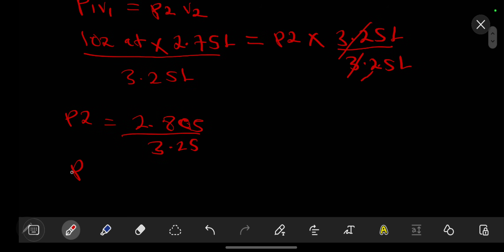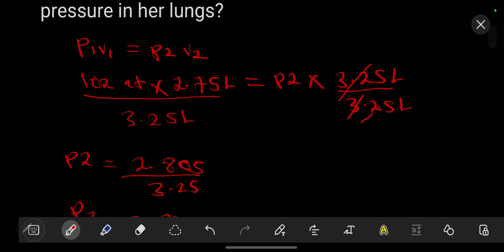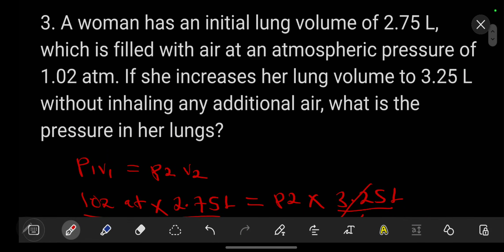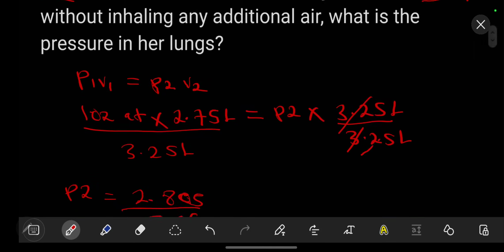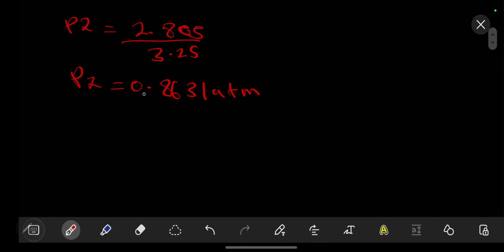This pressure number 2 will give us 0.8631 atmospheres. This makes sense because, according to the question, the initial pressure was 1.02 and the volume was small. If the volume increases, we expect a reduction in pressure, so our answer of 0.8631 atmospheres makes sense.